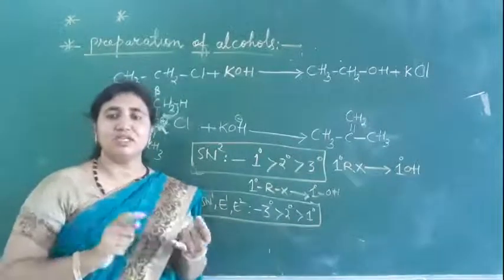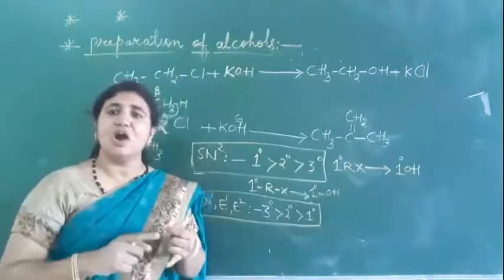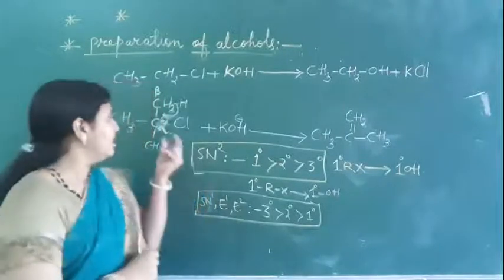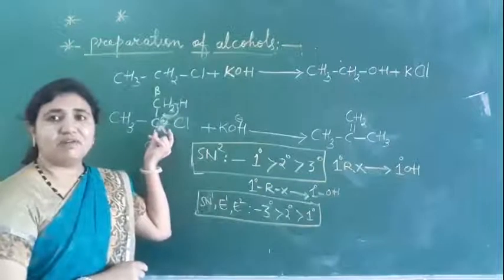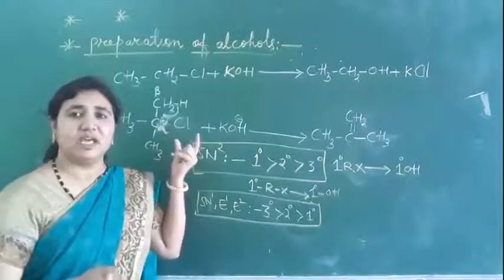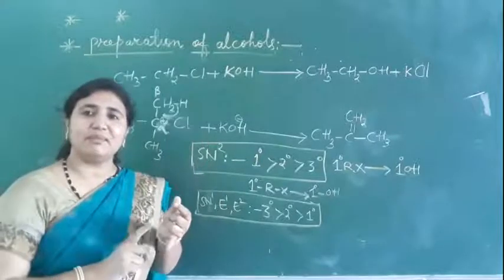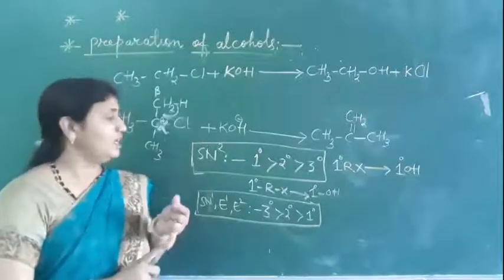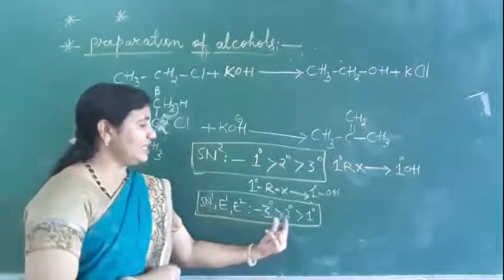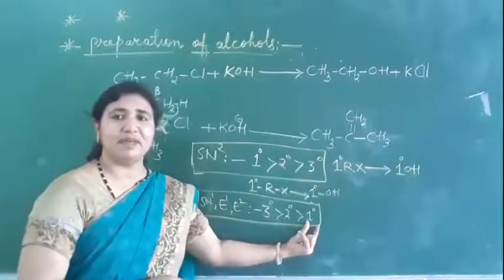Primary. Because in both nucleophilic substitution SN1 and E1 elimination, carbocation forms, and it takes place in two steps in both mechanisms. That's why the order is tertiary alkyl halide, secondary, and then primary.